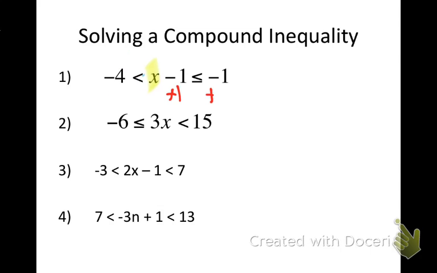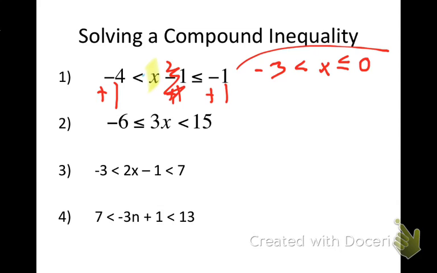Okay, I'm doing the opposite. I add 1. The only difference here is I have to add 1 to all the sides of that inequality. Well, I add 1, cancels out. Negative 4 plus 1 is negative 3, is less than x, which is less than or equal to 0. And that is my answer. It's two inequalities all in one. That's all it is.